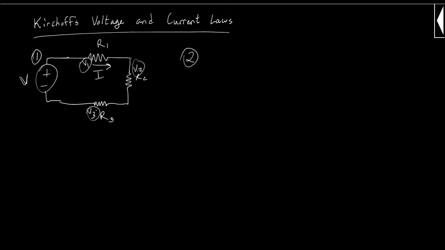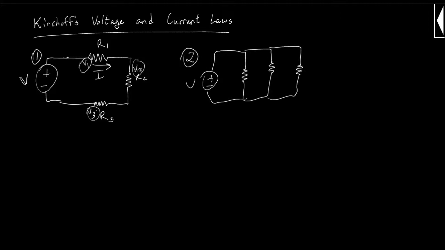That's for series. Now, in parallel, say we have R1 and R2, and R3 just for consistency. The current is different in each one of these branches.